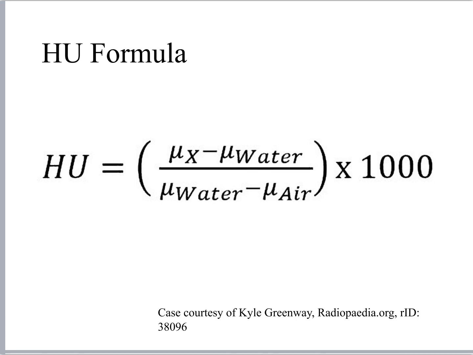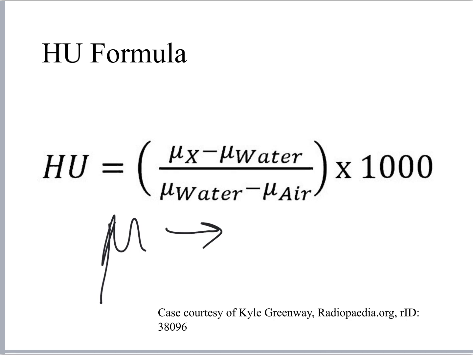And just if you're curious, what do I mean by linear attenuation coefficient? That's this mu. I've just written it really poorly here. But it has to do with attenuation values for different things. So the linear attenuation value of X, like for example, kidneys, right? Or if we want to get even more specific, the linear attenuation value of a nephron, right?